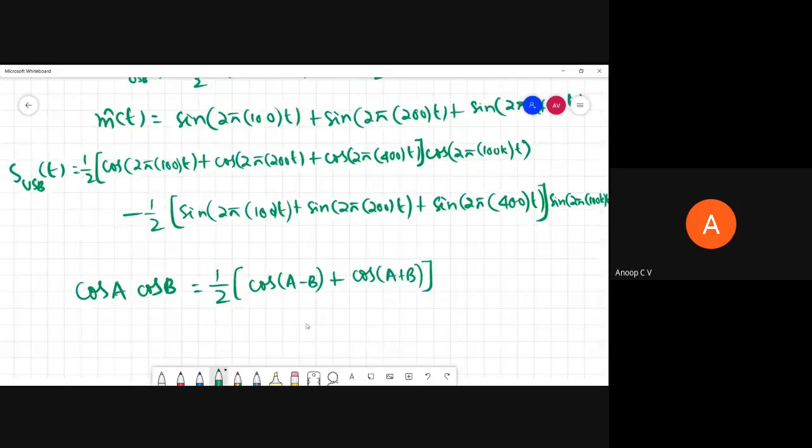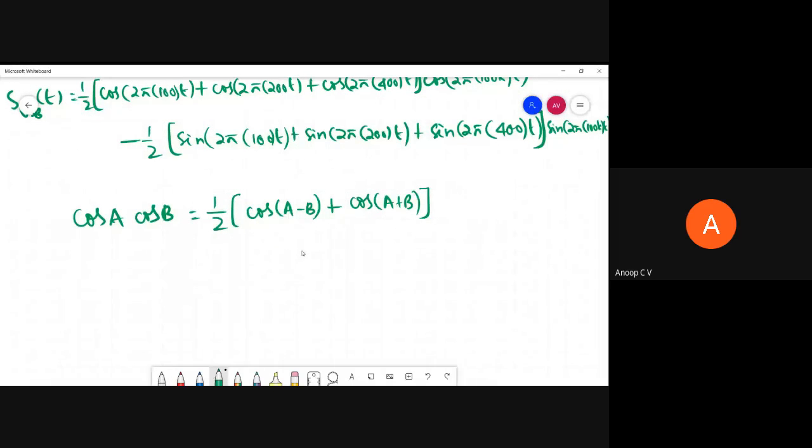That will be half cos A minus B plus cos A plus B, and there will be sin A sin B terms if we expand the second term. So what is sin A into sin B?